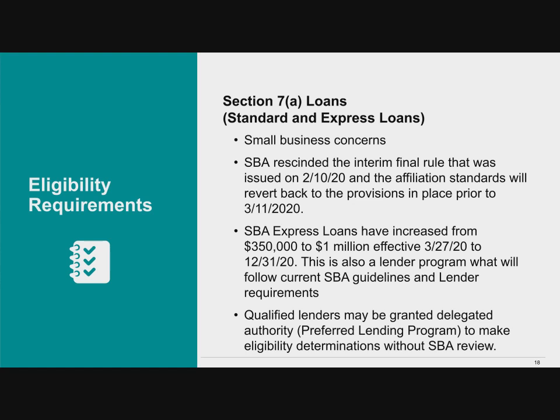So that's a slower process in some respects, but it's a much safer path for some of the lenders. The delegated lenders, the lenders that are active in the 7(a) space, have the authority to make the decisions on the regular 7(a) loan and on the SBA Express Loan, and so that changes the delivery. But again, the eligibility requirements for these loans are almost exactly the same.